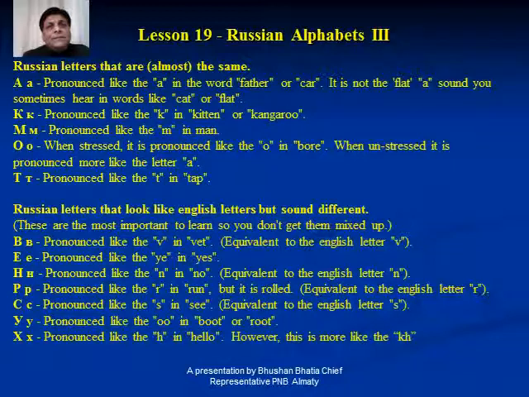Then a letter which is written like English H, small also written like English H, but its sound in Russian is na, as in no. The sound is na, but written like English H. Similarly, P is written like English P, capital also, small also.